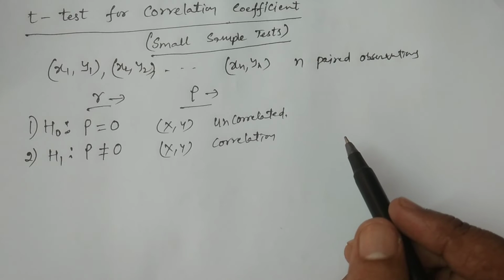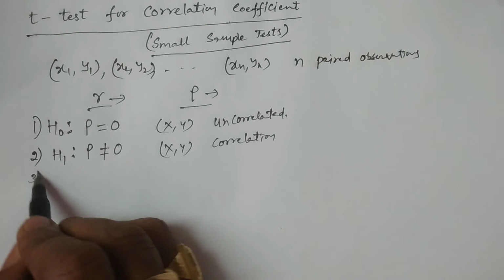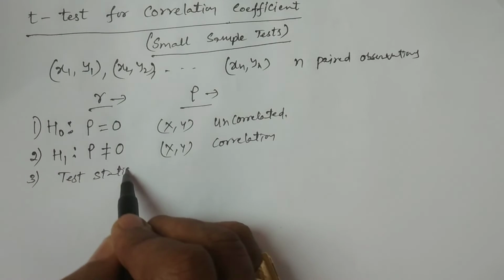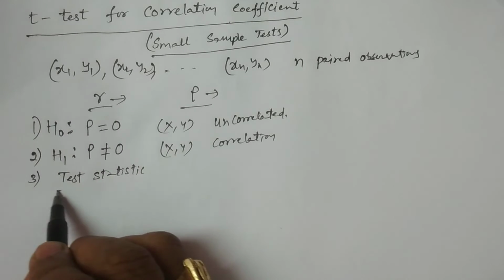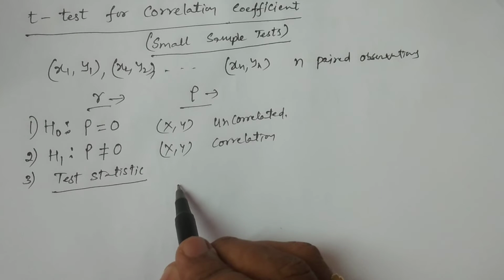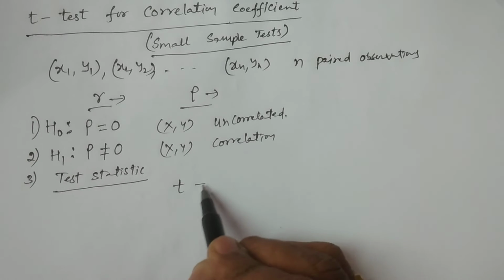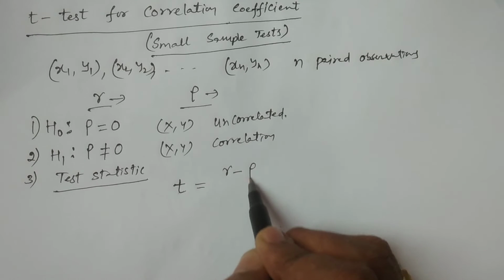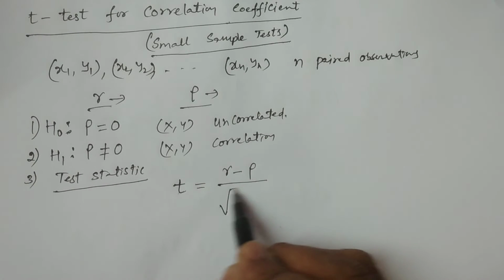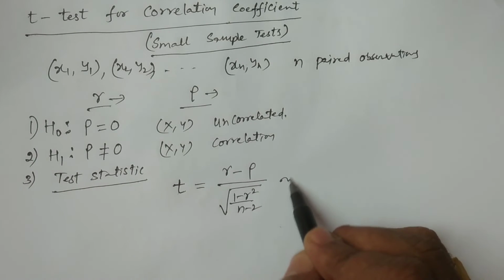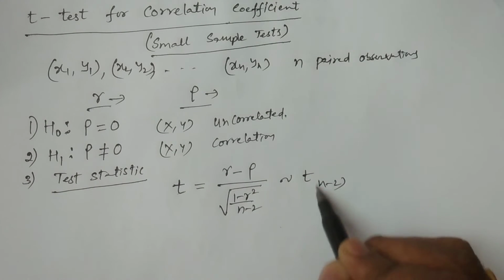And the third point is the test statistic. We consider r, the sample correlation coefficient. The test statistic t is r minus rho divided by the square root of (1 minus r square) by (n minus 2), which follows a t distribution with n minus 2 degrees of freedom.